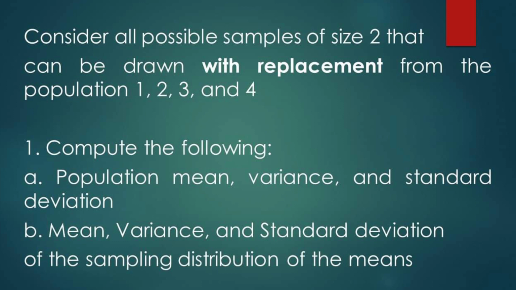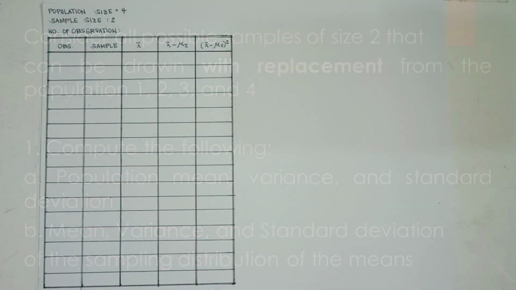So now, let's see how many samples with the sample size of 2 we expect. Okay? So how many observations or samples with the sample size of 2 do we expect from a population consisting of values 1, 2, 3, and 4.